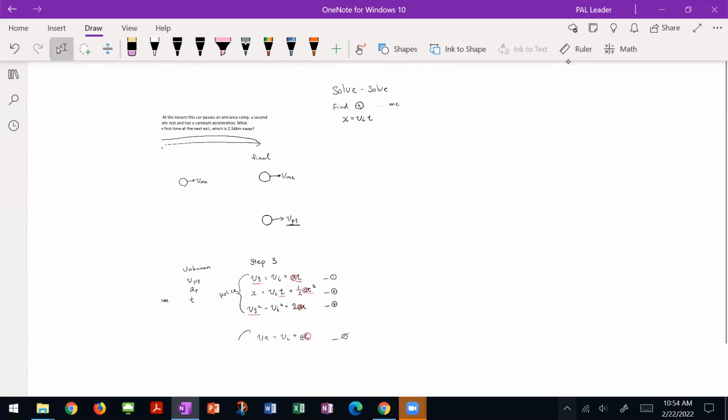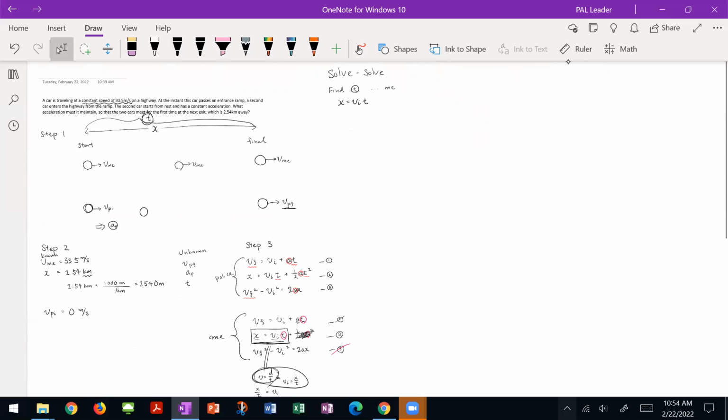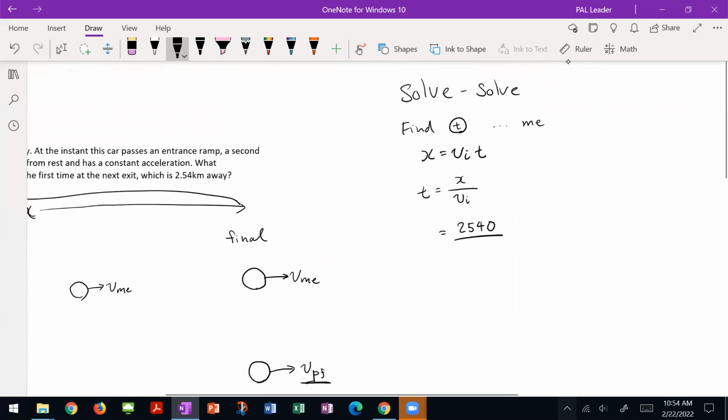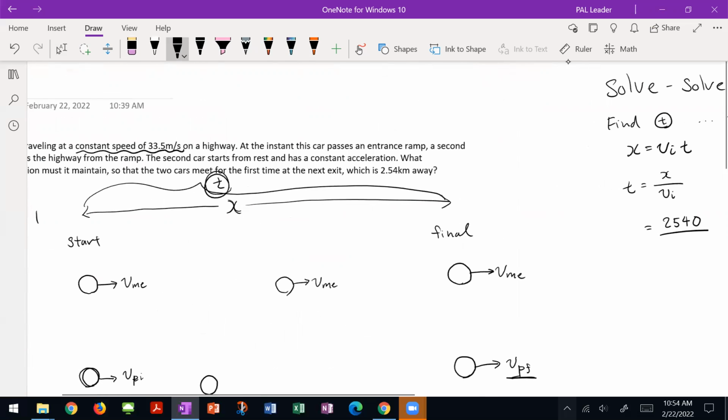The overall distance that we travel is 2,540 meters. Actually, I'm going to just divide both sides by t and then flip it so it looks like this. And then I'm going to put in my numbers, 2,540 over v initial, which is 33.5.